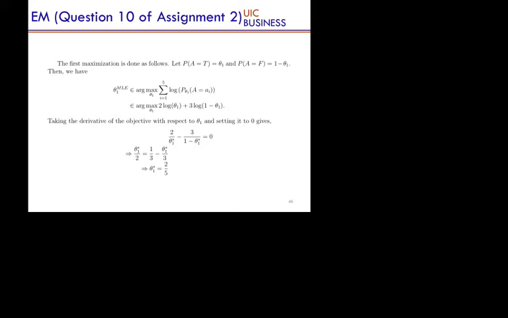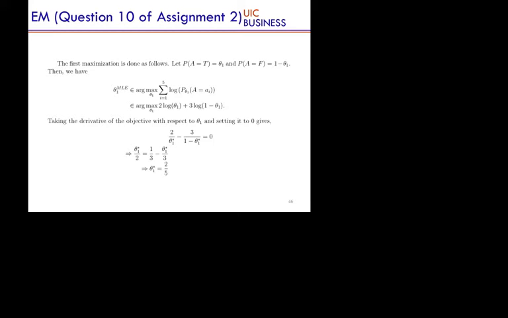For this optimization problem, you only have one scalar parameter theta 1, and to optimize that, you can just differentiate the objective with respect to theta 1, set it equal to 0, and get a value for theta 1. There will be some theta 1 which is at the critical point.